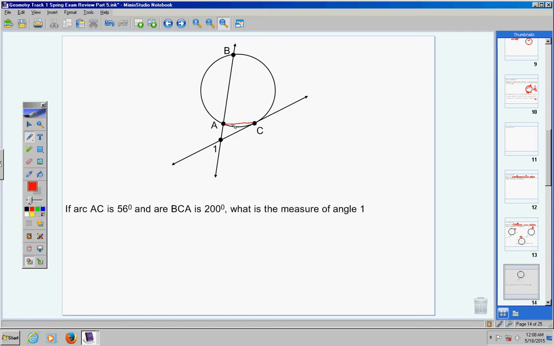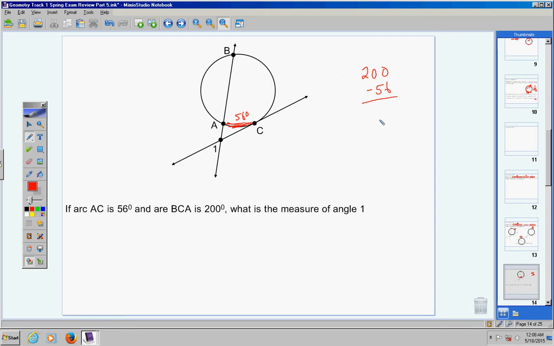If AC is 56 degrees, and then BCA, from B all the way to C to all the way to here to A, is 200, then how can I find just the measurement of arc BC? From B to C we'll take 200, which is the arc measurement from here all the way to A. Take 200 and subtract out 56 degrees.